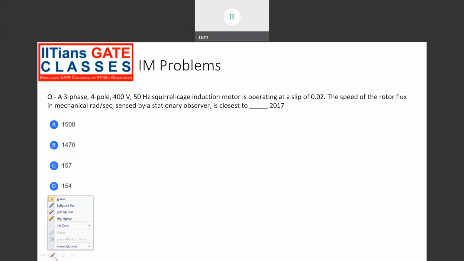So next question. A three-phase, 4-pole, 400 volt, 50 Hz squirrel cage induction motor is operating at a slip of 0.02. The speed of the rotor flux in mechanical radians per second, sensed by a stationary observer, is close to.